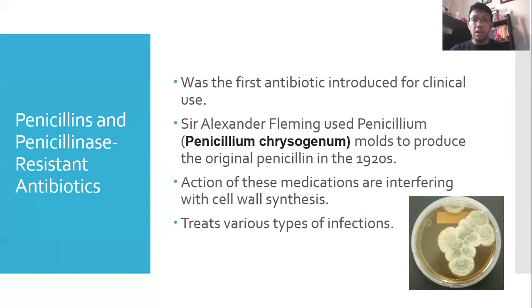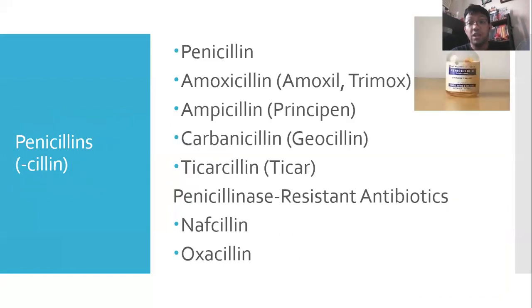That is Penicillium chrysogenum, which was formerly named Penicillium notatum. This was first discovered in the 1920s. The action of these medications is interfering again with the cell wall synthesis, so it's more of bactericidal, and they can treat various types of infection.